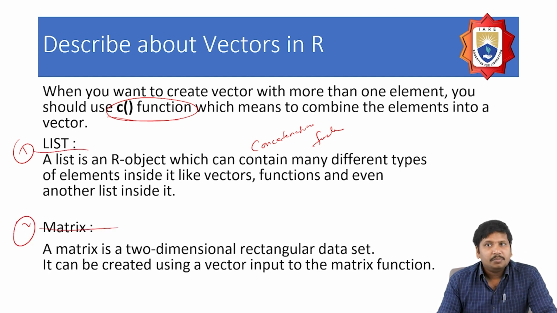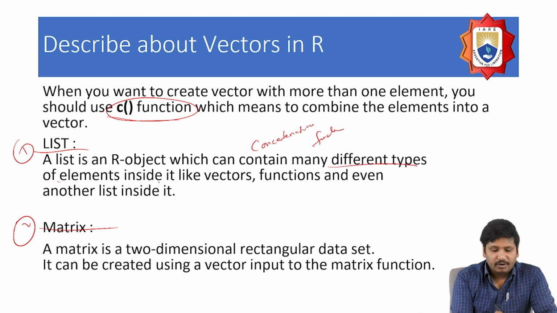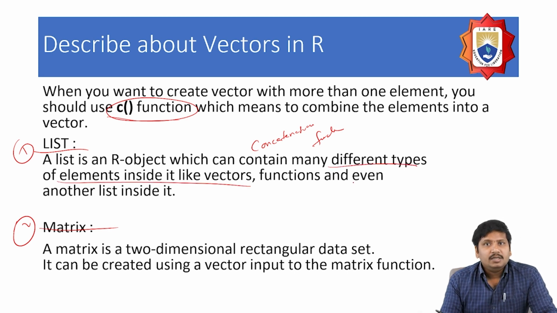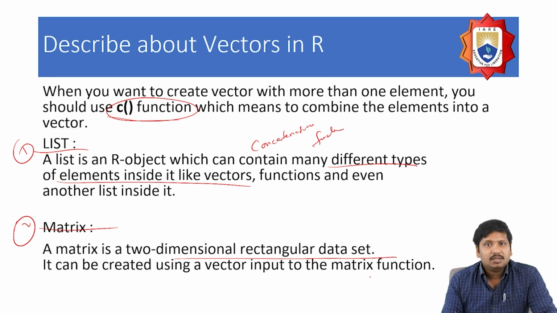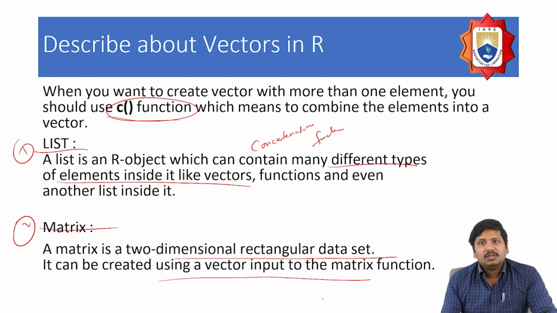The list in R can contain different types of elements inside it, like vectors, functions, and even other lists. A matrix is a two-dimensional rectangular data set, and it is created using vector input to the matrix function. So a matrix is normally a two-dimensional data set, but it is created by means of vectors only.